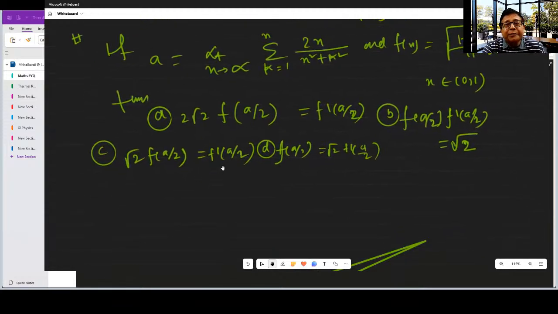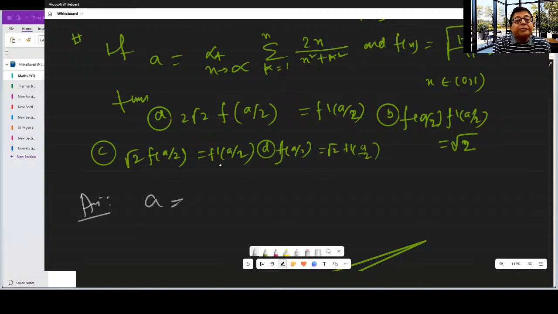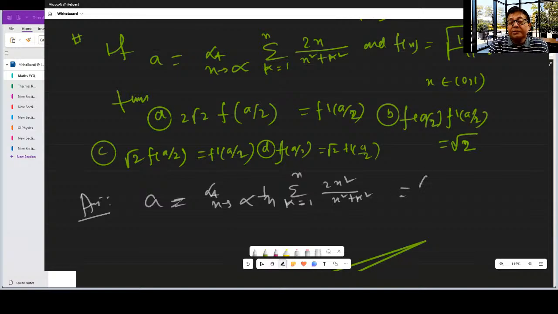Because you have the idea of definite integration as limit of sum now. Answering here, write the value of A. This is what? Technique is you have to take 1 by n outside first. k equal to 1 to n, 2n square by, then what?